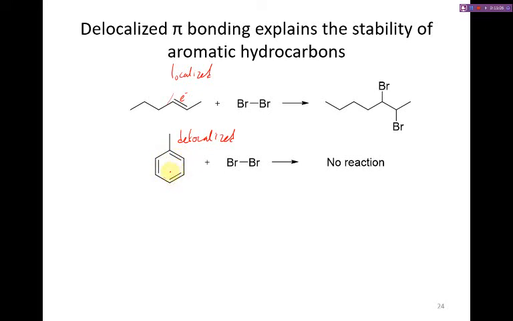This means that they are less reactive. And so it turns out that the molecule on the bottom is not going to produce a chemical reaction with the same bromine molecule that the hydrocarbon on the top was reacting with.